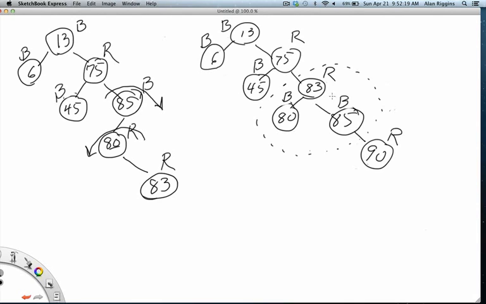So this is the child. This is the parent. This is the grandparent. I label these because it's important to keep track of the role of each of these nodes in this process. This is the aunt.